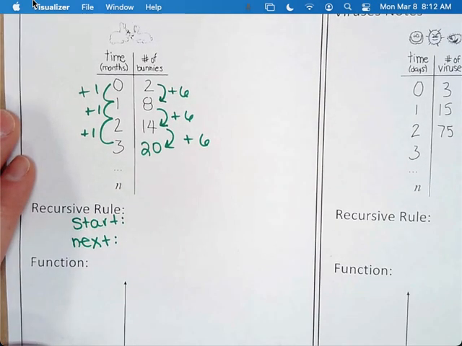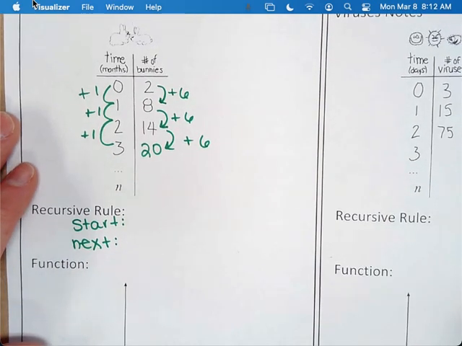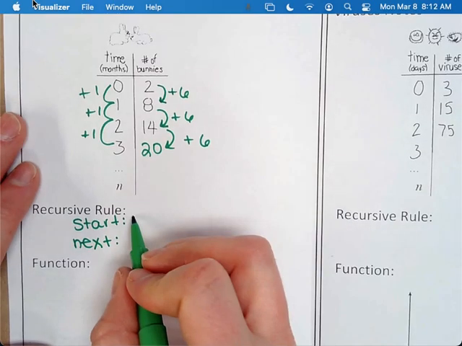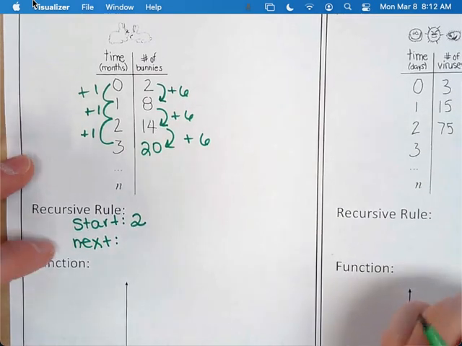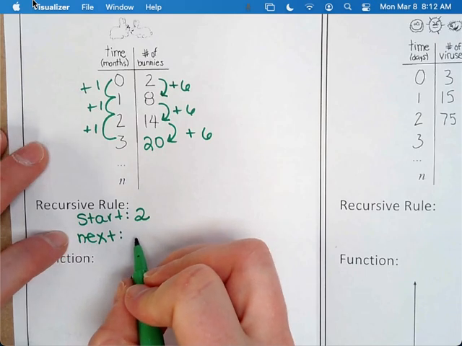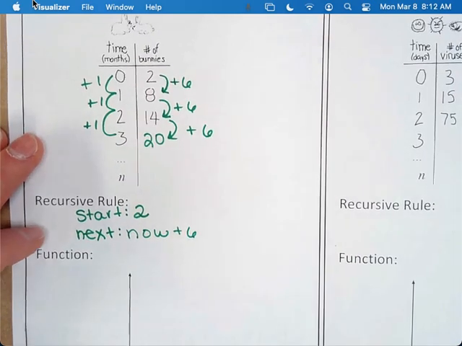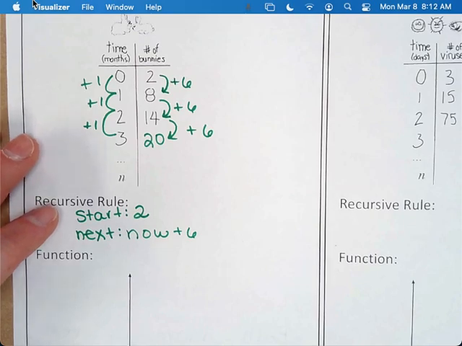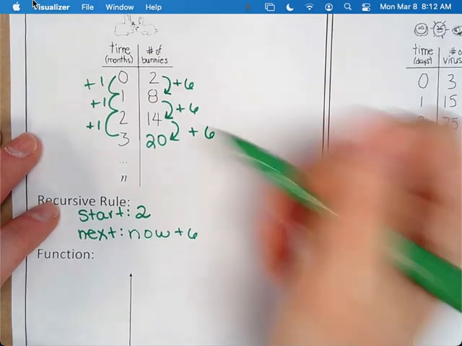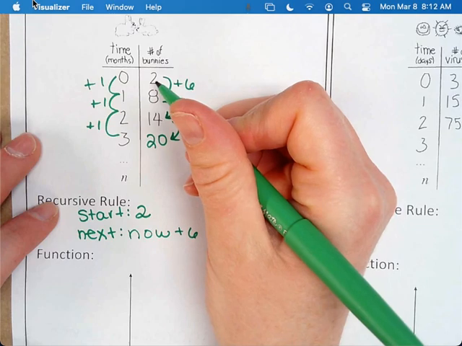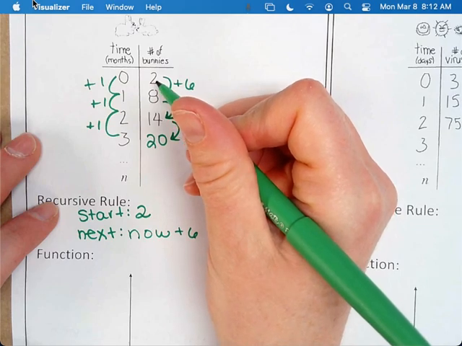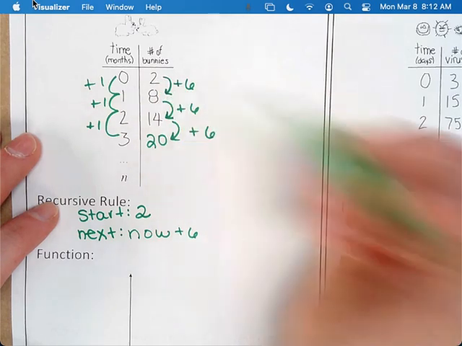So what did it start with? 2, and then what's the next? 8. Whatever you have now, plus 6. So in month 0 we have 2 now, and then we add 6.